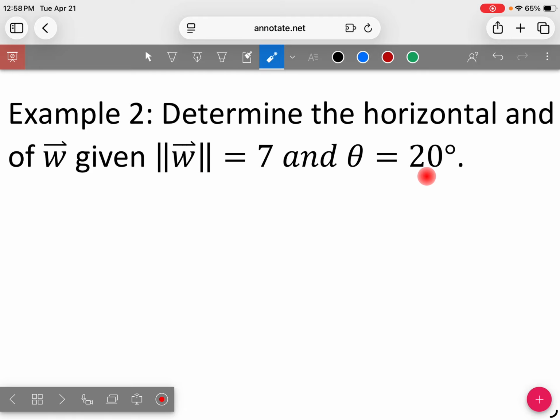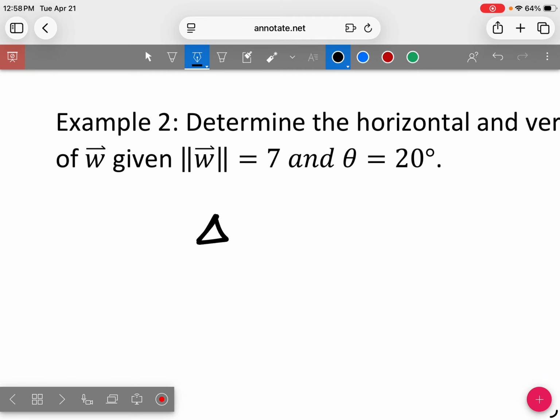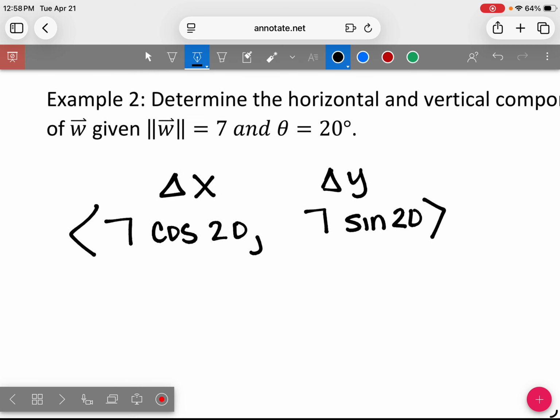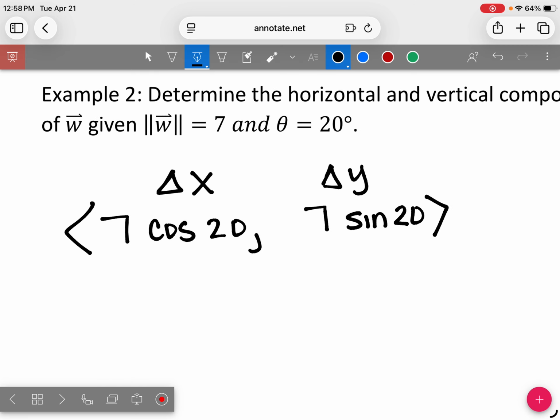The direction is 20. So we have to find our horizontal component. That's going to be the magnitude times the cosine of 20. And our vertical component is going to be 7 times the sine of 20. Go ahead and type that in your calculator. Round it to the thousandths place.